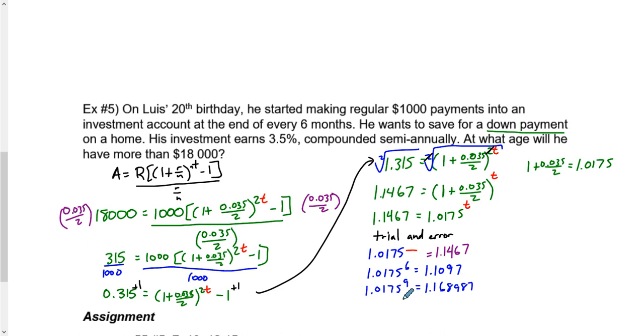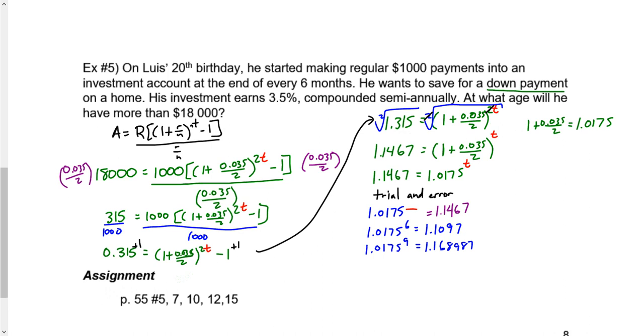One other thing you need to pay attention to is that it's compounded semi-annually, meaning every half year. What we can test out is every half year. If we went to the power of 7, we get 1.129.